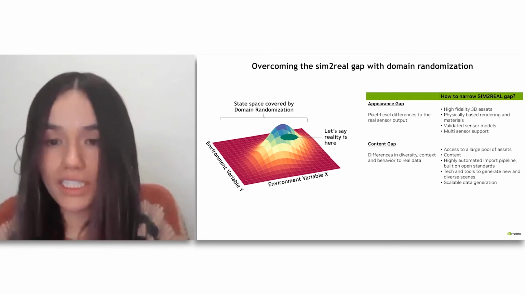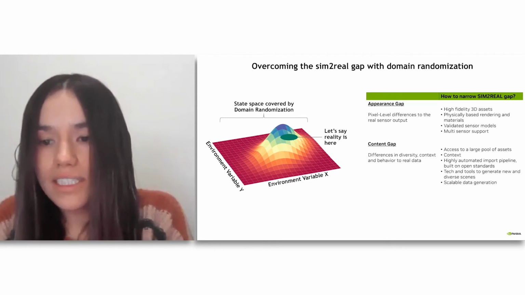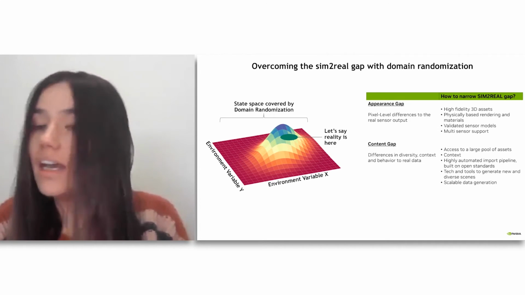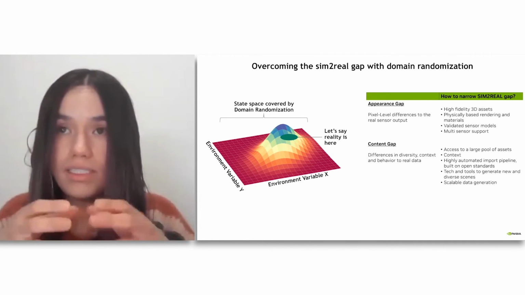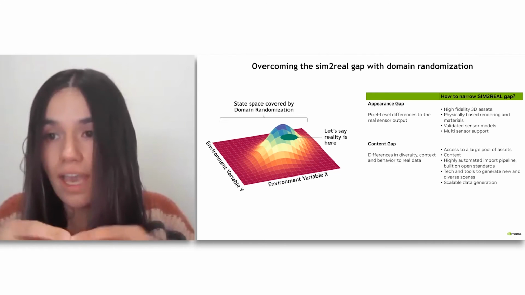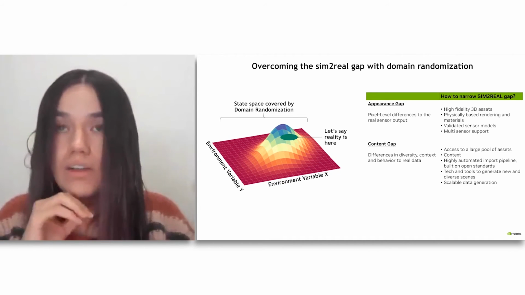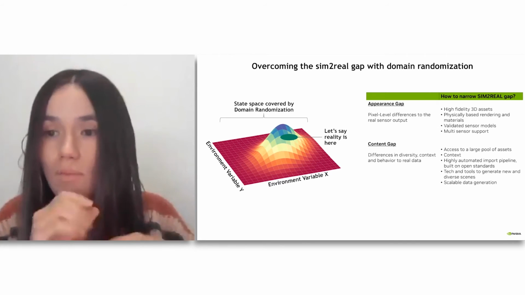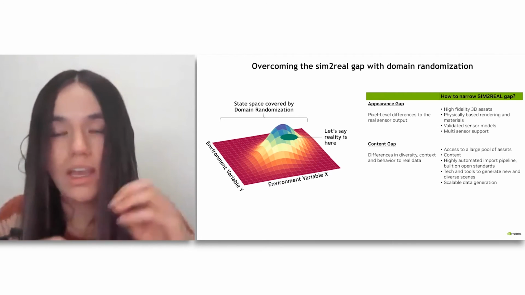Then we have the content gap. For the content gap, we are making it so that it's built on this open standard USD. And then we are building connectors such that you can bring in content from all kinds of 3D tools.